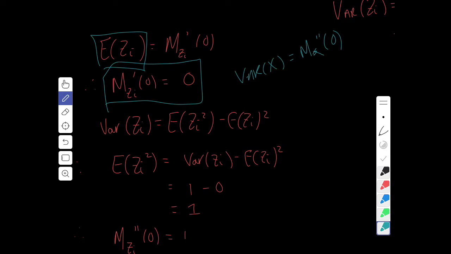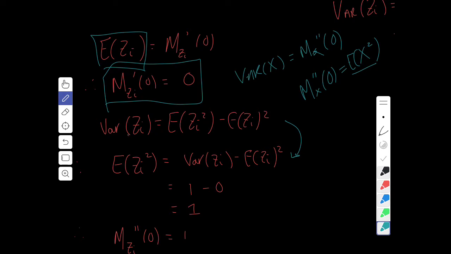So what that means is that if we take the moment generating function of a particular random variable, and we take its second derivative, that's the same thing as the expectation of x squared. So we have to do some manipulation here to get to our second non-central moment.